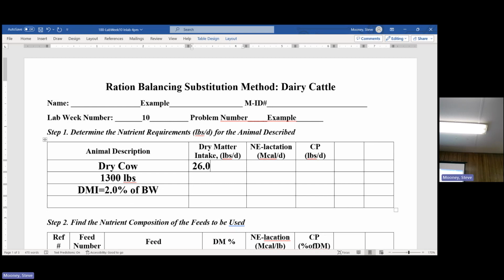So how many calories are we going to need from her to sustain her each day? Does everybody see where that number comes from on that table 2? How many pounds of crude protein?